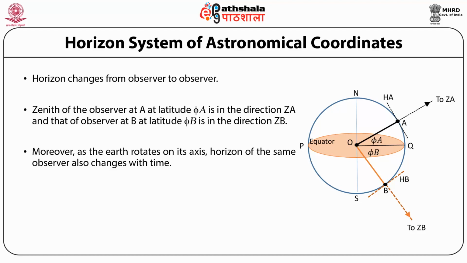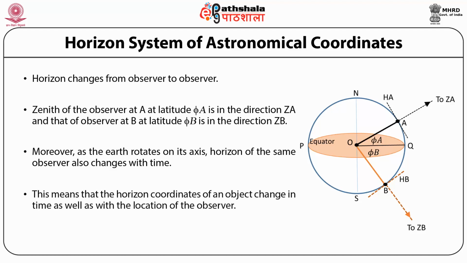This is because of the rotation of the Earth on its axis. As the Earth rotates on its axis, the celestial objects appear to move in the opposite direction in a plane normal to the polar axis. These planes are inclined to the horizon of the observer. Therefore, the coordinates keep changing with time for an observer.